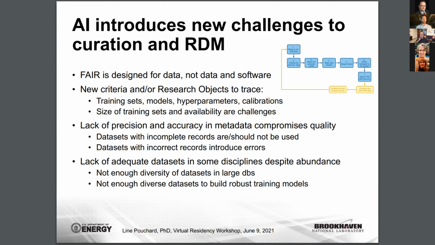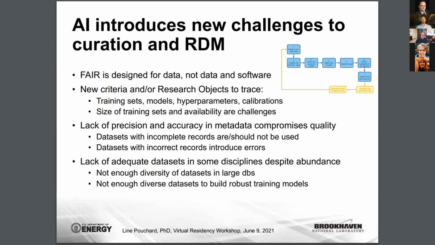But the training sets are not available, and the size of these training sets is obviously a challenge. There's also a lack of precision and accuracy in the metadata for the input data, and that can compromise the quality of artificial intelligence models. So data sets with incomplete results should not be used. Data sets with incorrect records introduce errors.